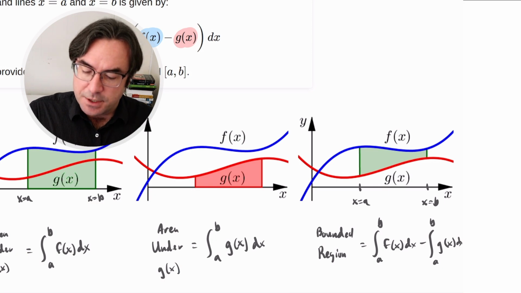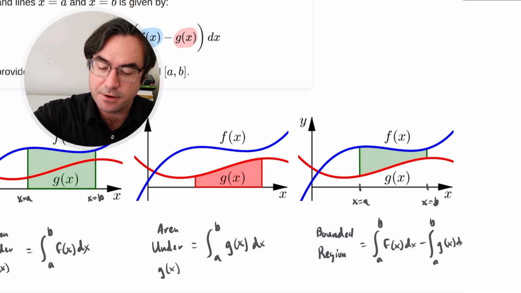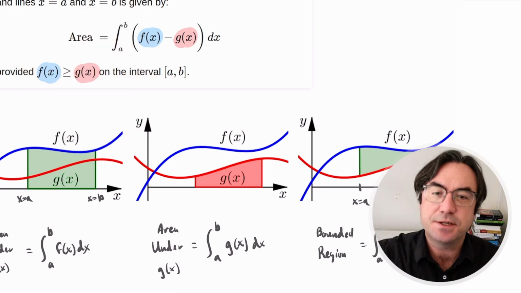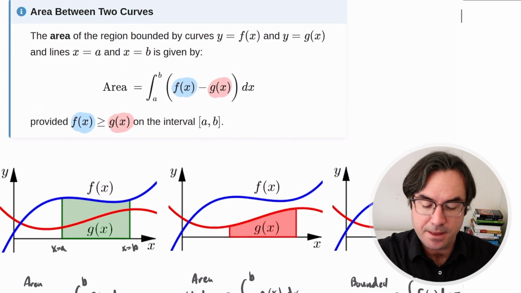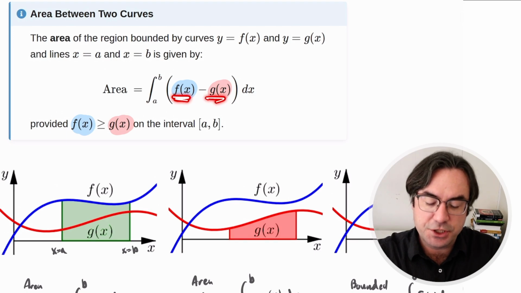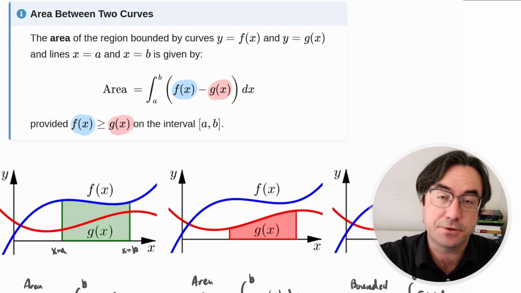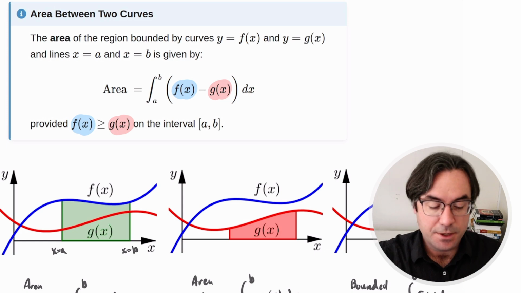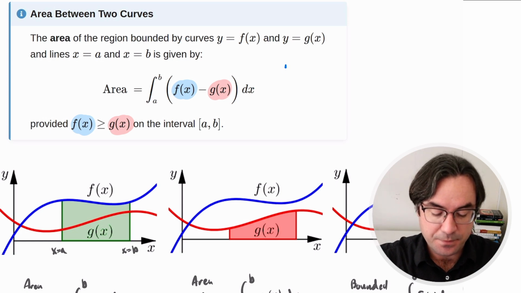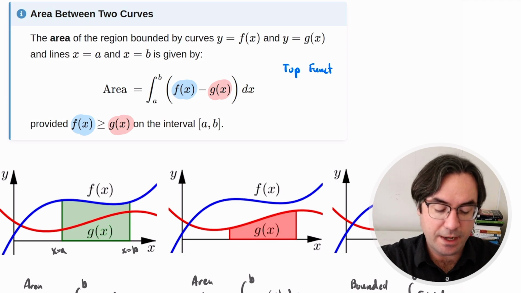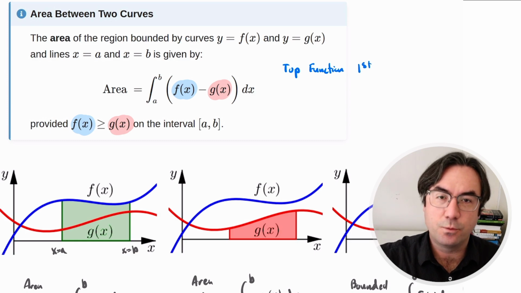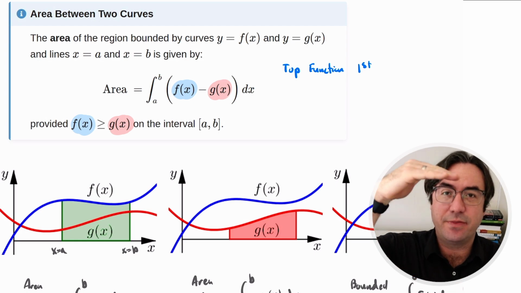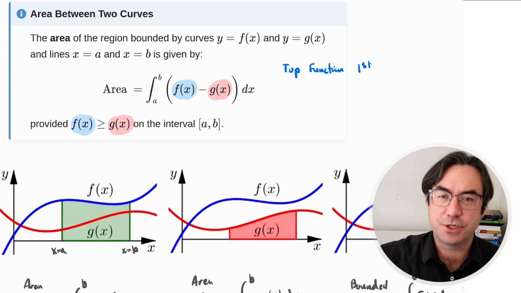All right, so the key thing here, though, is, like I mentioned, the order that we put our functions in here matters, because when we talk about subtraction, the order actually matters. So when we do this, the top function goes first. So when we look at our graph, we have to decide which function is kind of higher up on the page, and that's going to be our top function.